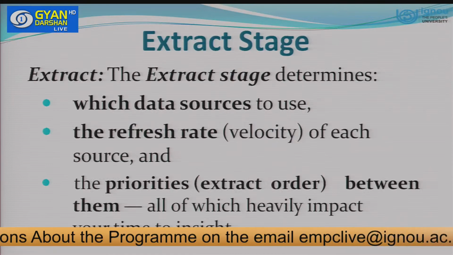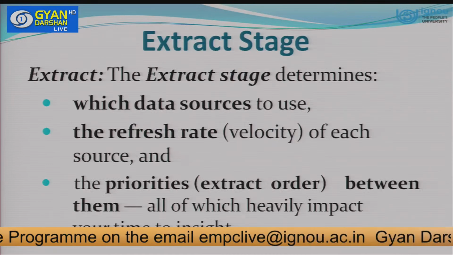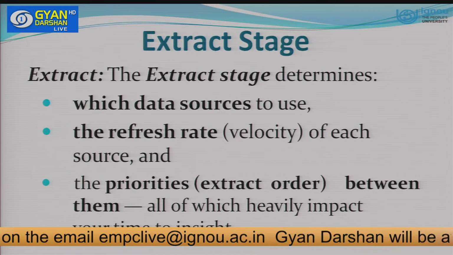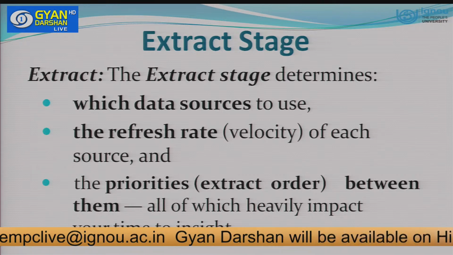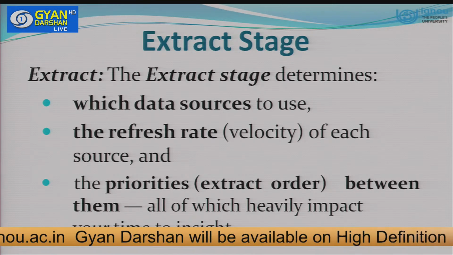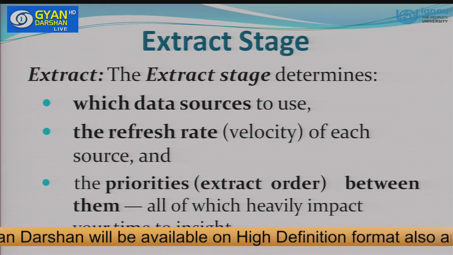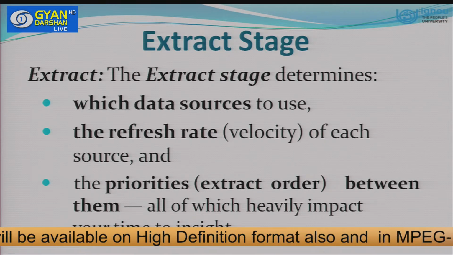So here we will see all the three stages, starting with the extract stage. This extract stage determines which data sources are to be used to pull data into the data warehouse. That is the primary concern of the extract stage.